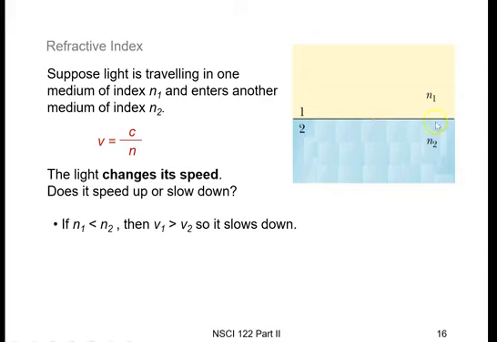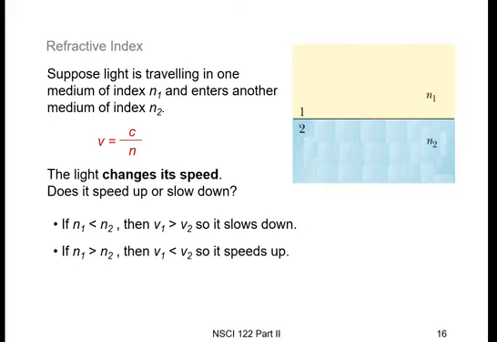If we think about this with that formula, if n1 is less than n2, then v1's got to be greater than v2, right? If n is smaller in the denominator, v is going to be bigger. So that means the light's going to slow down if n1 is less than n2. Similarly, if n1 is greater than n2, then v1's got to be less than v2, so it goes faster in material 2.